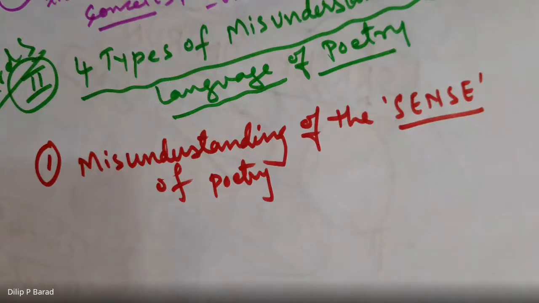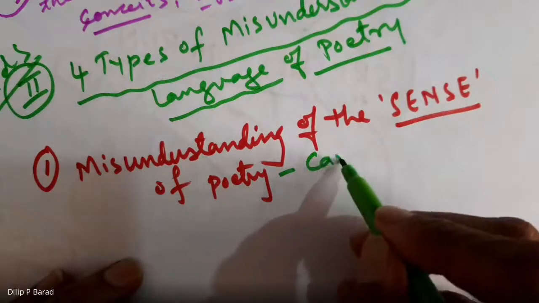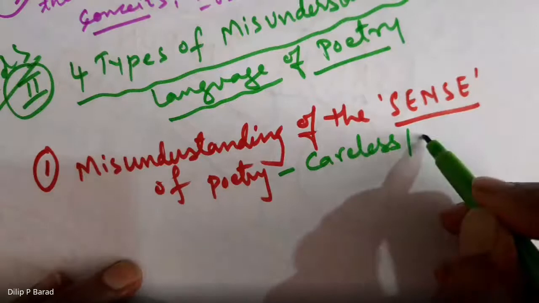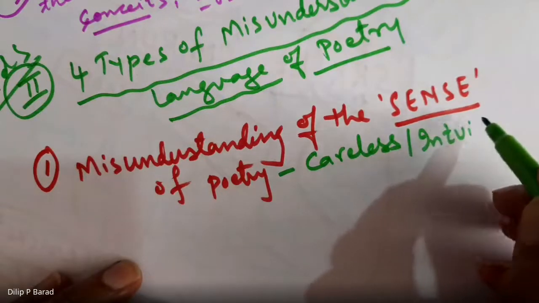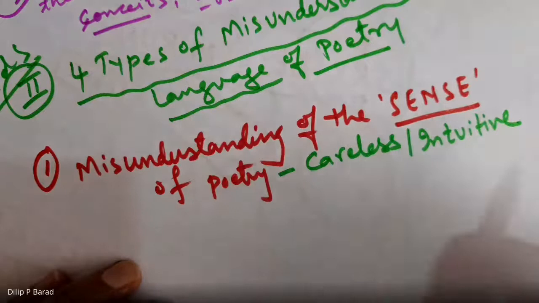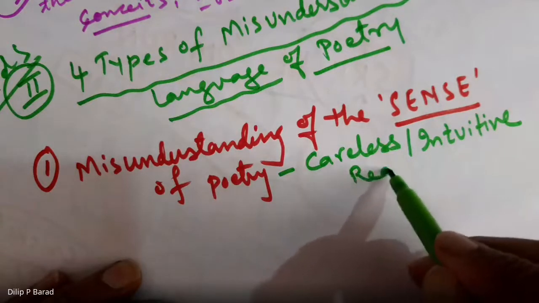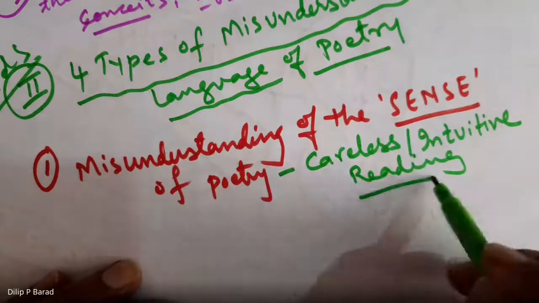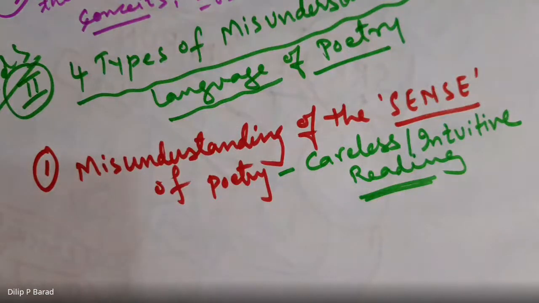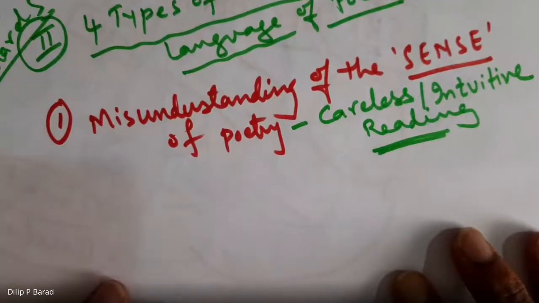And this happens normally because of careless, intuitive reading. So when we do a careless, very quick, or intuitive reading to understand the language of poetry, at that time misunderstanding of the sense of poetry may occur.